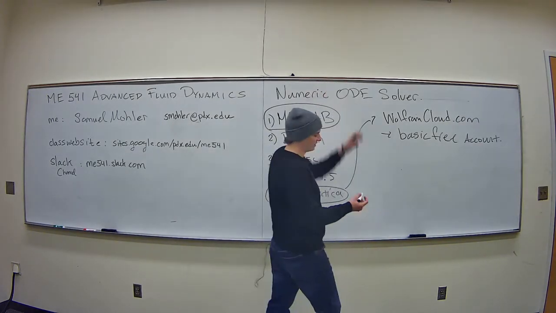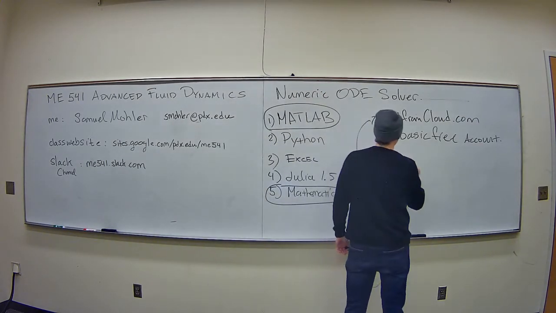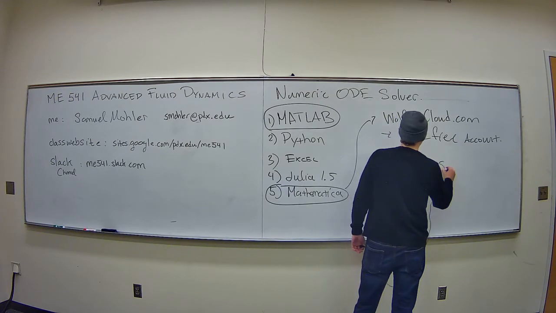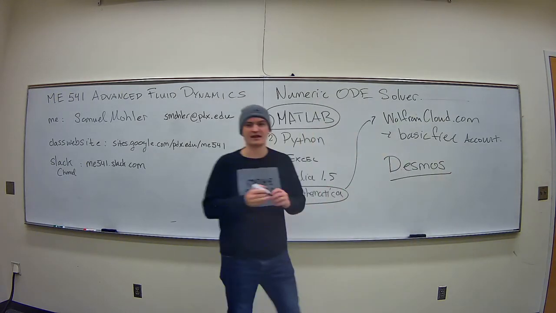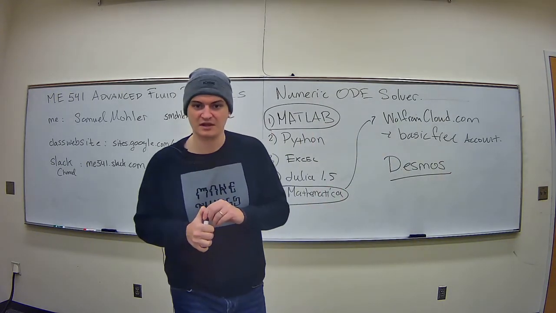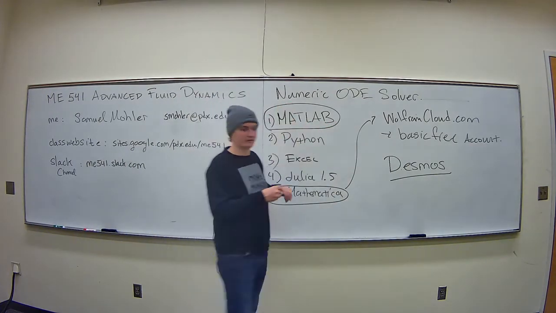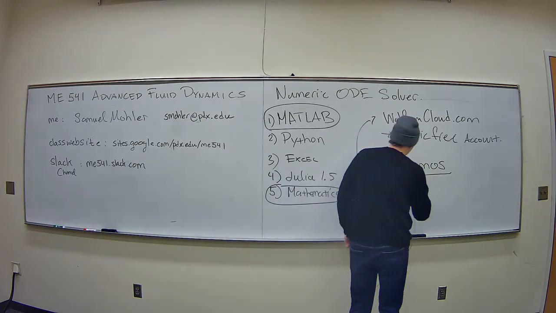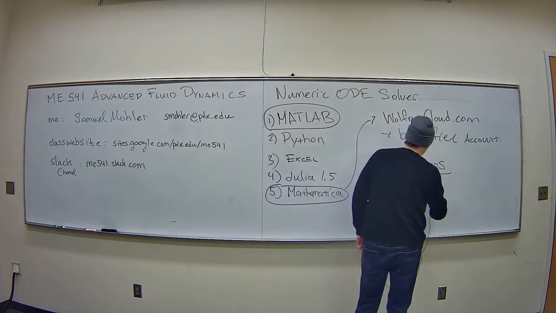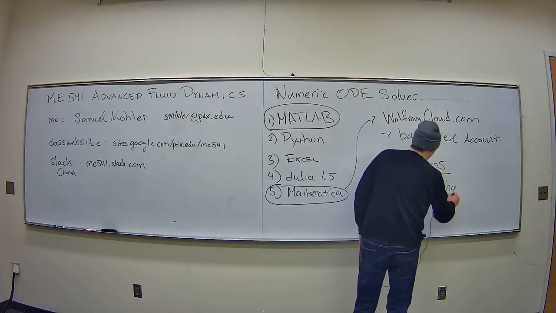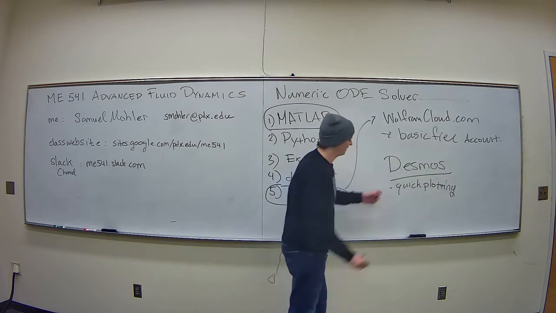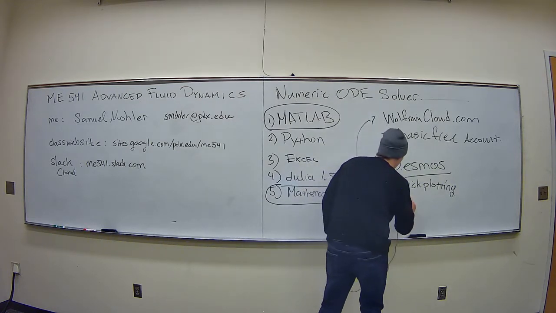Besides the ODE solver, I also highly recommend learning or using Desmos in this class. It's also just on your browser, and it's just a nice graphing calculator. It won't solve an ODE for you, but it's great for quick plotting.